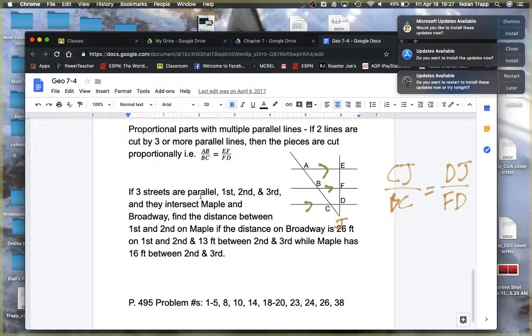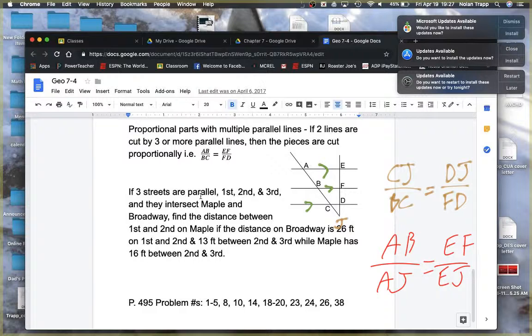And you could go longer, technically. You could do AB over AJ, and then EF over EJ, etc., etc. There are lots of different proportions that you can set up there.